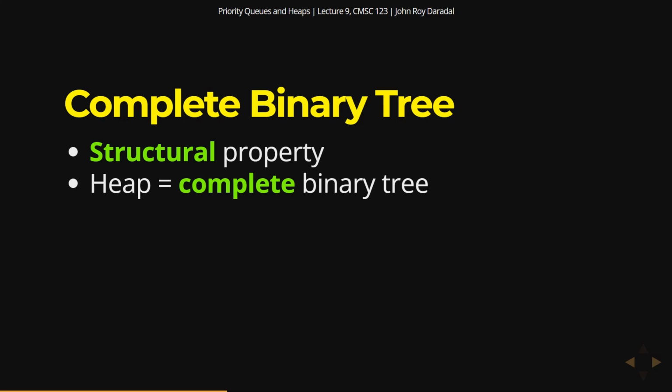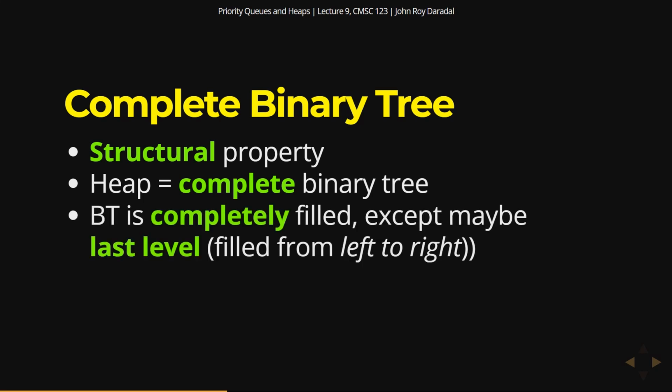Okay, so this is a structural property. It talks about the structure of your heap, or the binary tree itself. So we've already mentioned complete binary trees in the previous video, and to recall, this is when the binary tree is completely filled, okay, at each level, except maybe for the last level. Okay, so the last level is the exception, and when the last level is not completely filled, it must be filled from left to right.